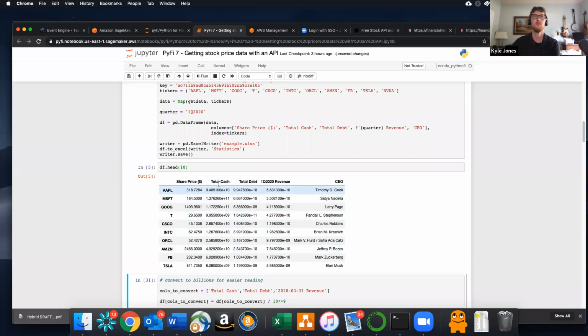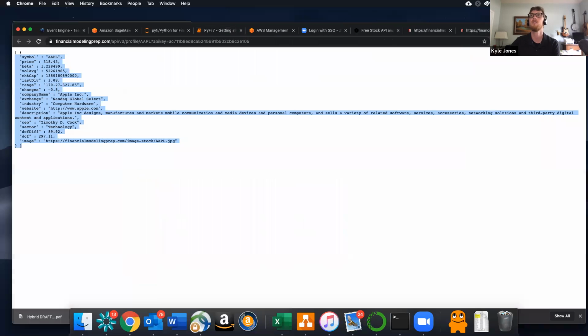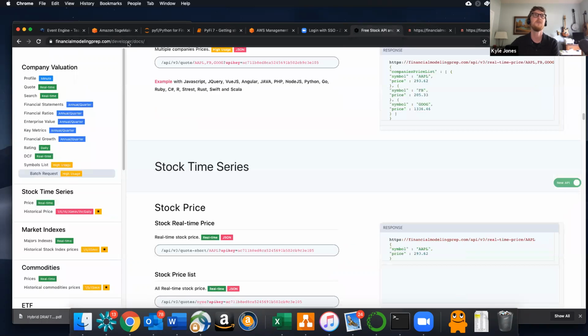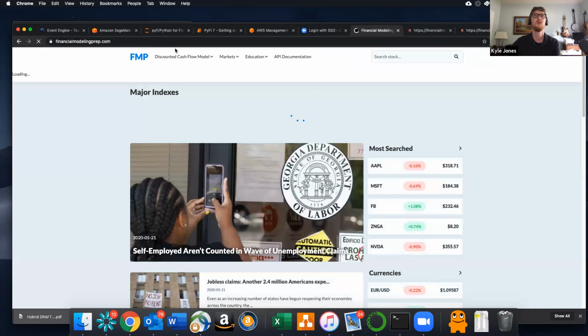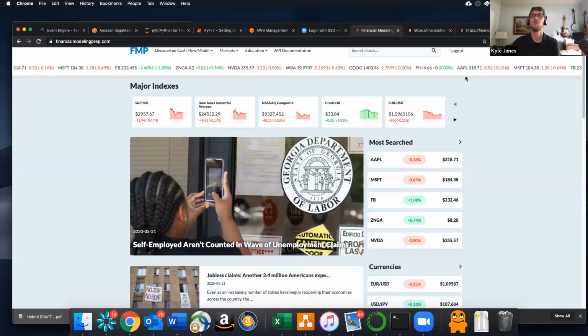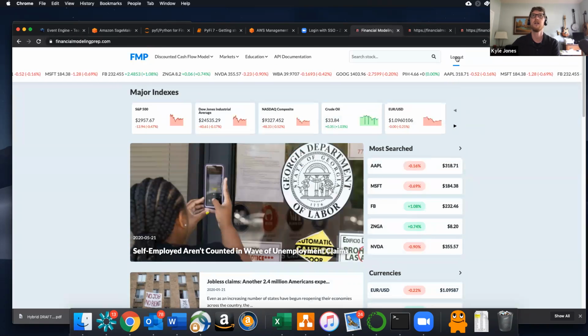Now, one thing that you might notice if you have this format is that the numbers are reported as true numbers, but the cash, debt, and quarterly revenue for all these. What key? Yeah, so everyone will need your own key. Come to the website, financialmodelingprep.com, and up in the corner, you'll have a way to sign up.